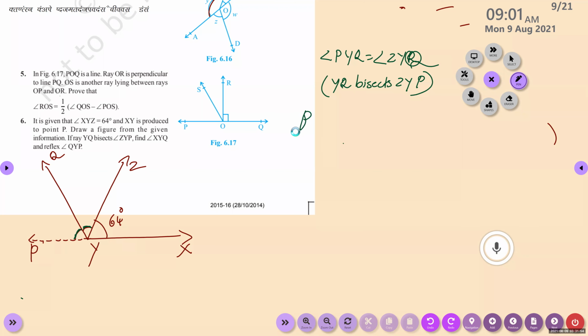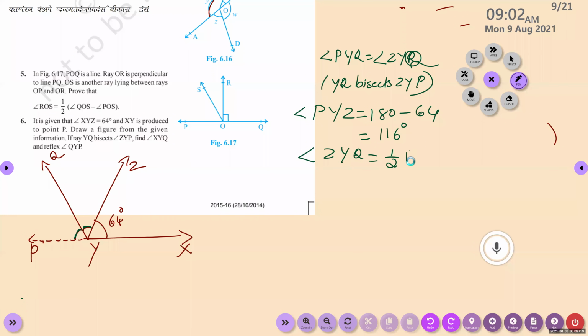How much is this angle PYZ? 116 degrees. Reason: linear pair, 180 minus 64 is 116. Correct. So what about angle YZQ?